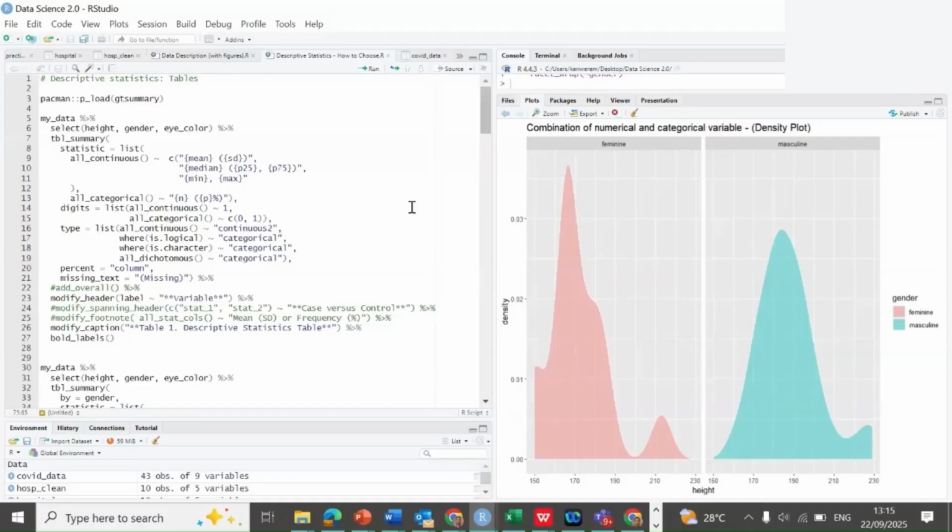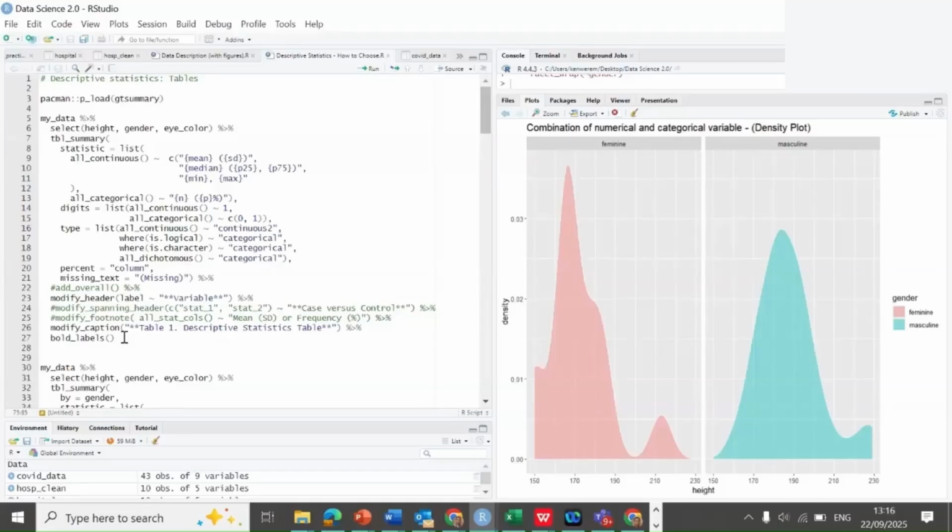So for a numerical variable, you can calculate those statistics. But for a categorical variable, you can only calculate counts and frequencies and percentages or proportions. So those are distinguishing factors between a numerical and a categorical variable.